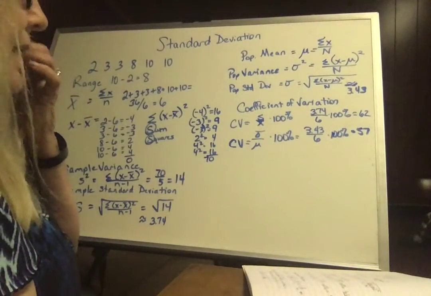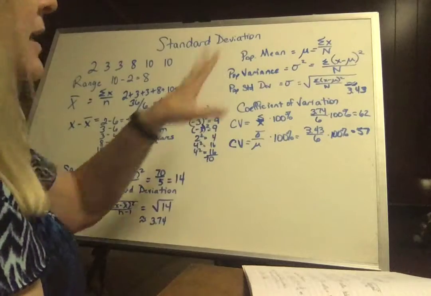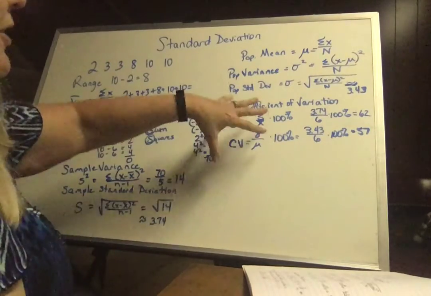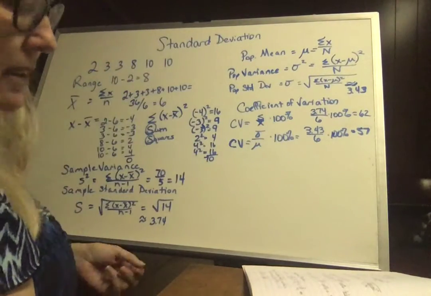And basically it's showing the percent where it varies, deviates from the mean.